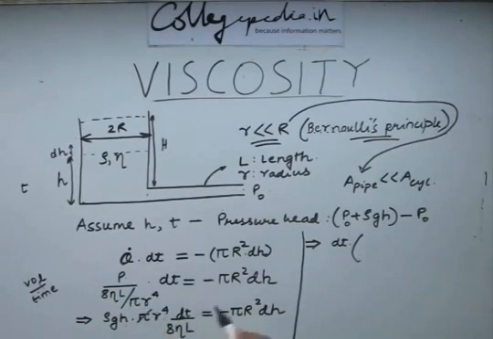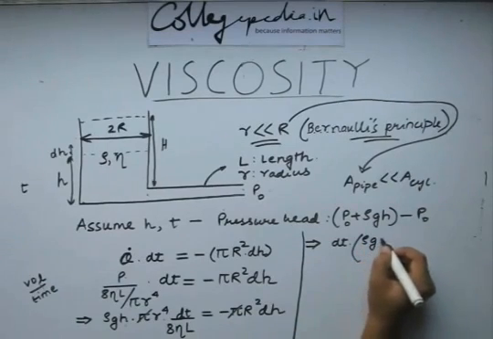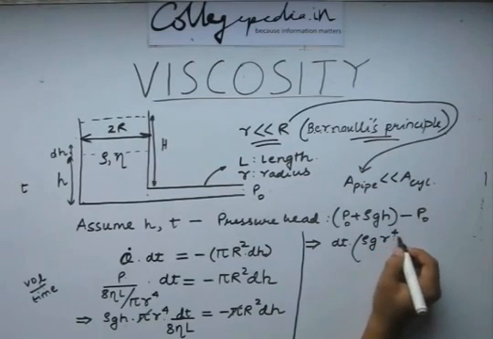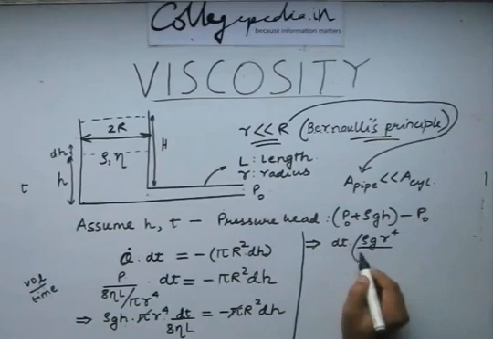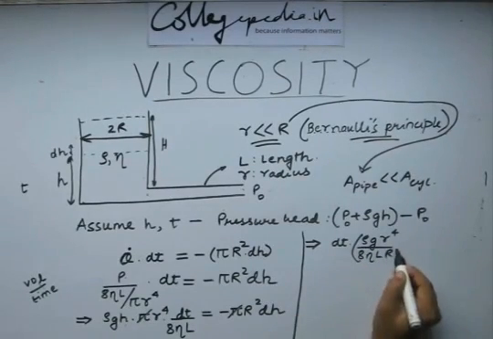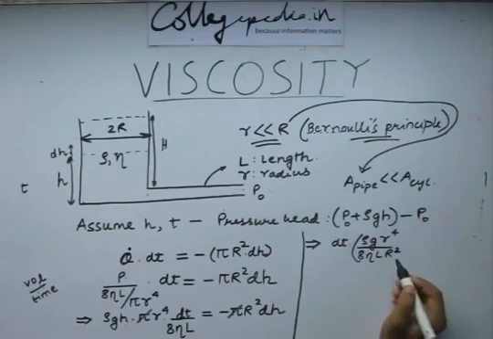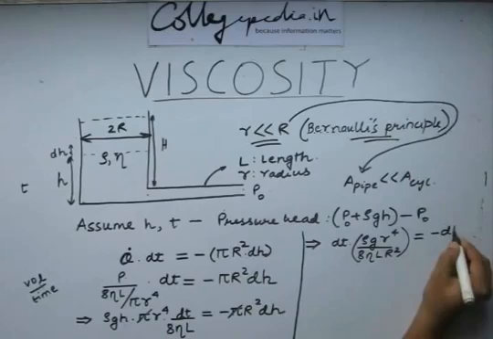Let us cancel off this pi. Say this is rho g into small r to the power 4 divided by 8 eta L into capital R square. This being equal to minus dH by h.